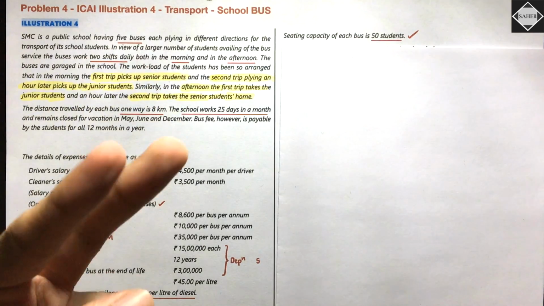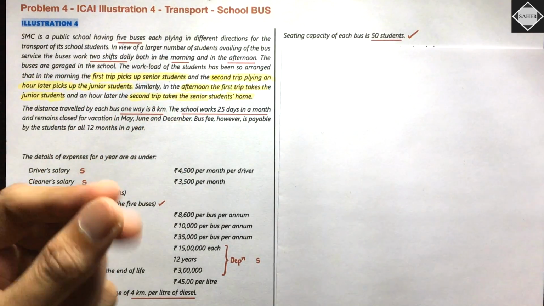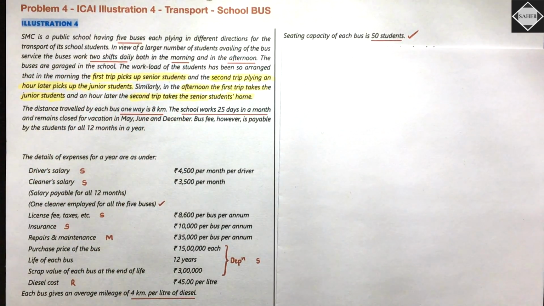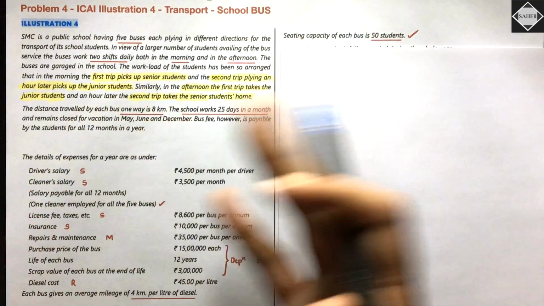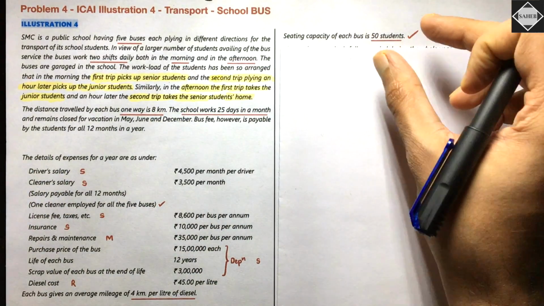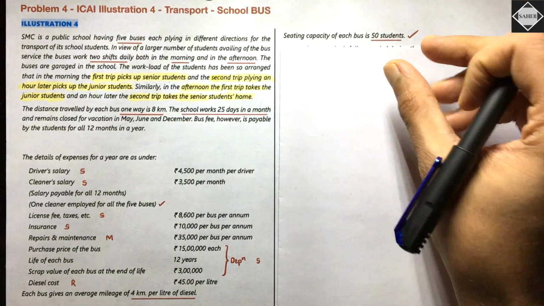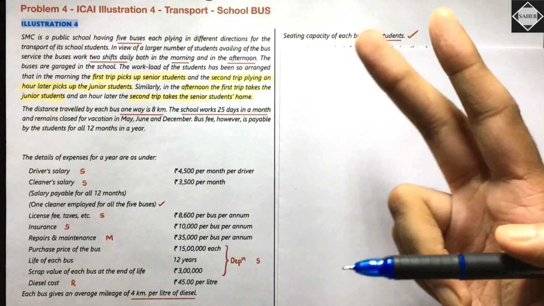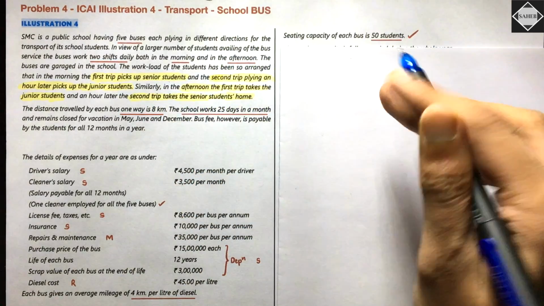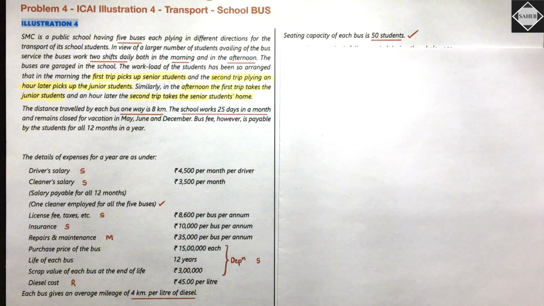So 100 students get the service. 100 students by a single bus. Is it clear? Okay, you have to understand this properly. Don't think it's like a passenger question where 50 passenger capacity is there, that means only 50 passengers are there in that bus. No, it's not like that. Here we are doing 2 shifts, right? Seniors and juniors. So it becomes 100. Is it clear? Okay, understood.